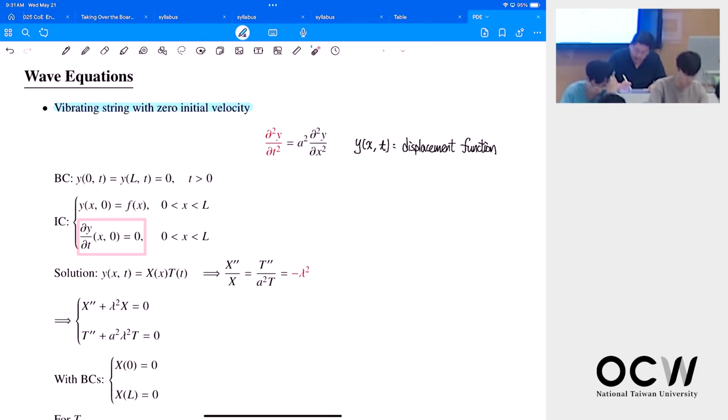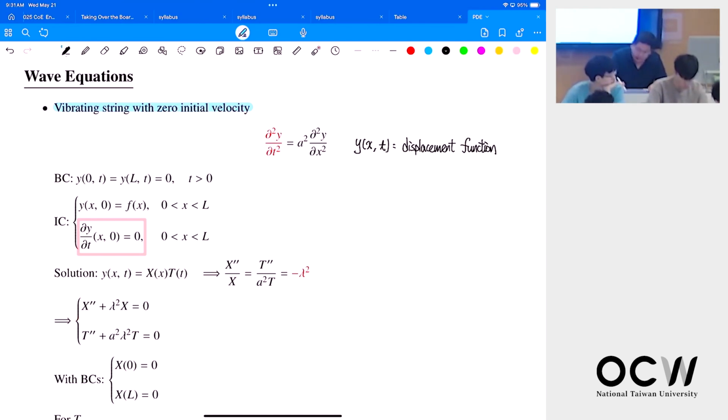And here, conventionally, we have a minus sign, so minus lambda squared. Therefore, for x, x double prime plus lambda squared x is 0.